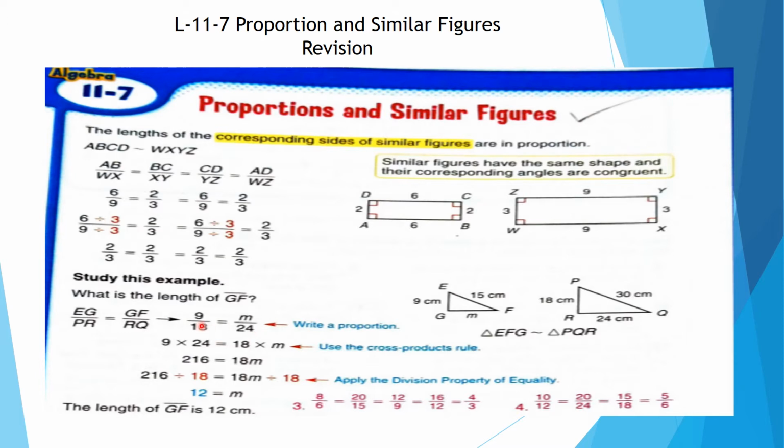And cross product: 9 is multiplied by 24, and 18M, divide both sides. What is the value of M? It is 12. Then it is given here, it is in proportion. Then you find the value of GF with the help of this diagram.